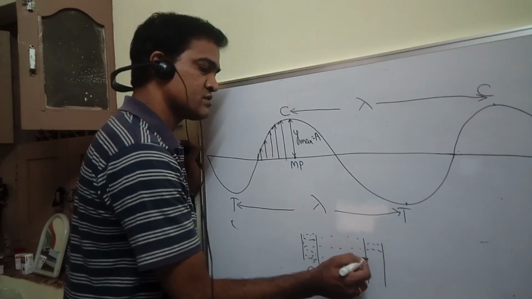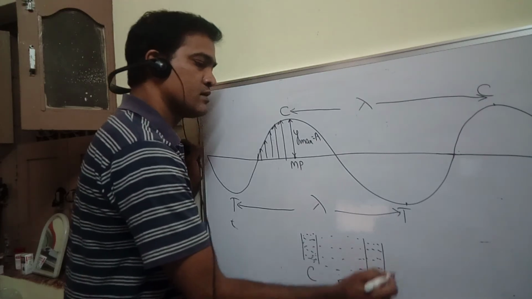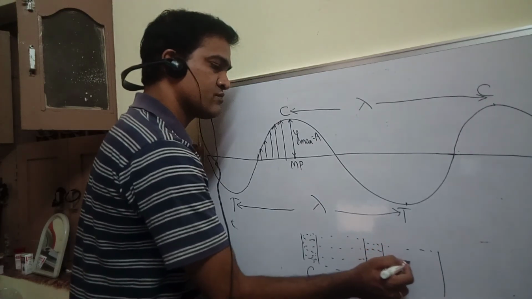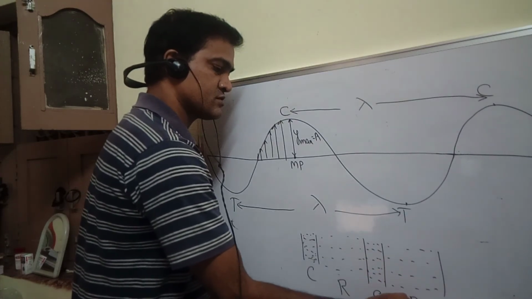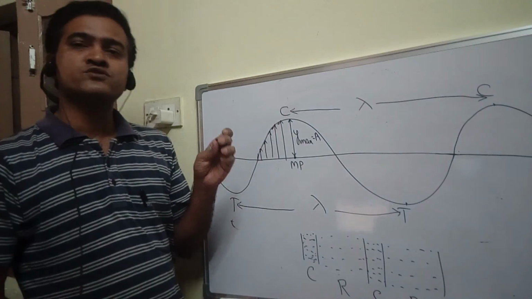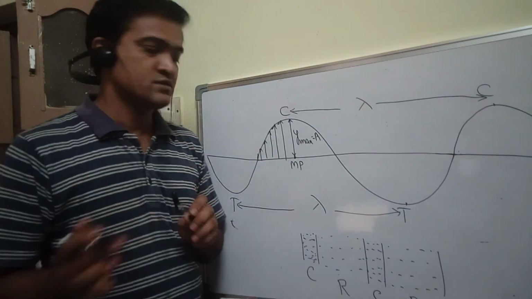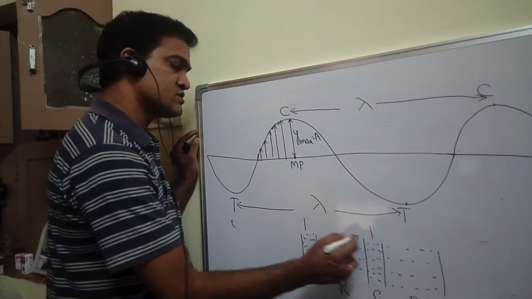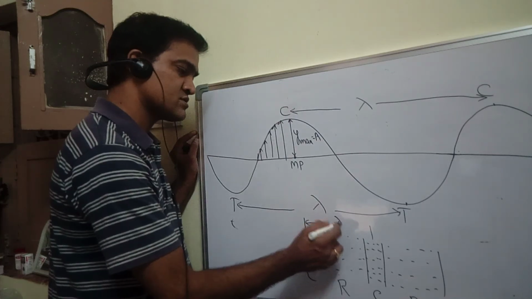The region where the particles are very close to each other is compression, and again you will get rarefaction, where the particles are far away from each other. This portion is called rarefaction. So in the case of a longitudinal wave, we define wavelength as the distance between two successive or consecutive compressions is called wavelength.